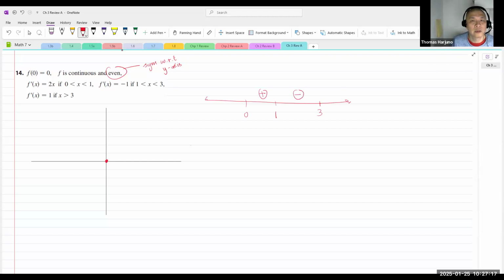That's negative. In fact, because it's constant, there will be a line with slope -1. And then f prime of x, when it is greater than 3, is a line with slope positive 1.